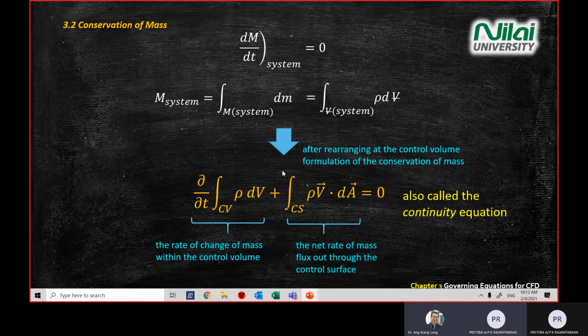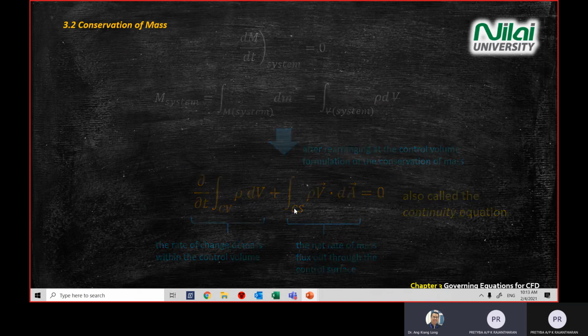So you will look at your control volume, and you'll look at what happens at your control surface. That's why when you use CFD, when you set your boundary or your computational domain, the software will look at what happens at the control volume and what will happen at the control surface.